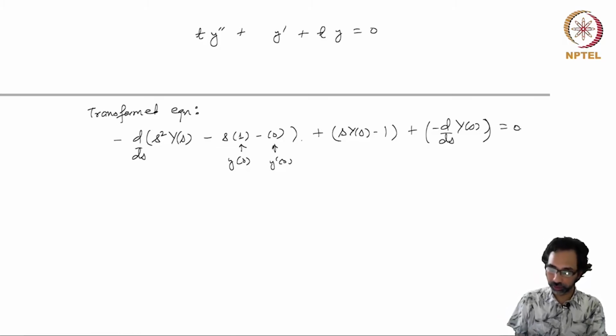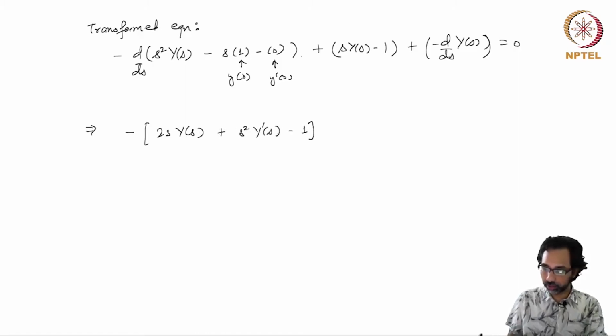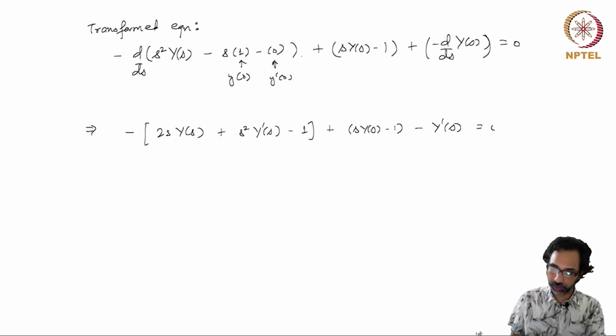This is 0. So for the first one we get minus 2sY(s) minus s squared Y prime(s) plus 1. The second term is sY(s) minus 1 and the third term is minus Y prime(s) again.